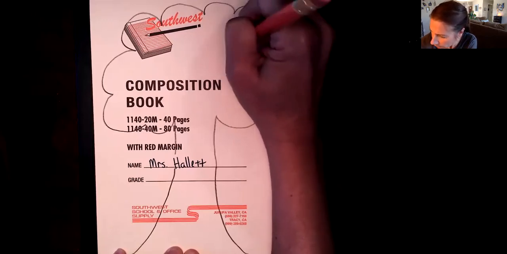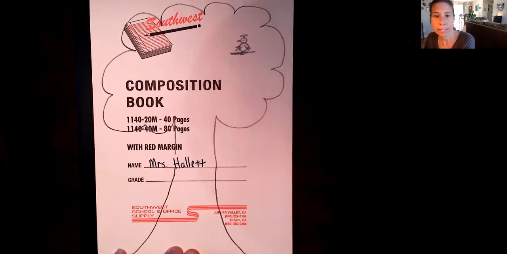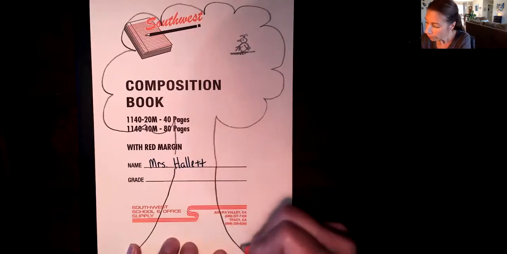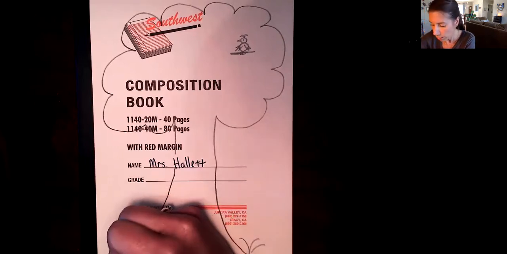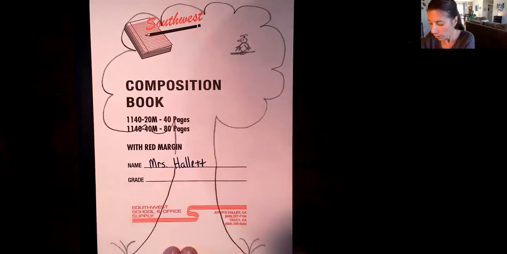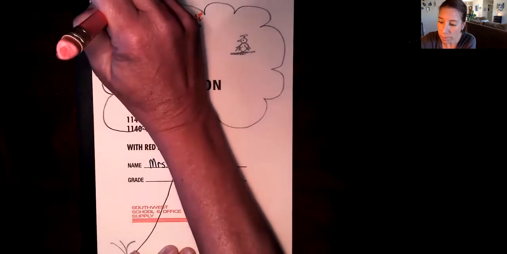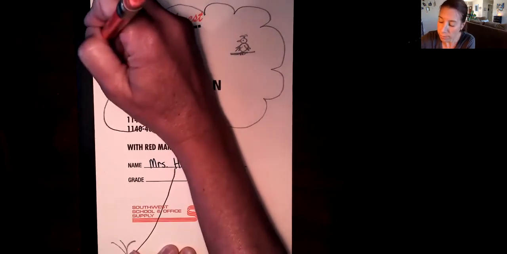And then his beak. Maybe he's got some little feathers coming out like that. There's his eye. There's my little birdie in the tree. Okay, maybe over here, there's some grass growing by the tree, some grass over here. And ooh, I can't forget a sunshine, because the sun is what makes my tree grow.